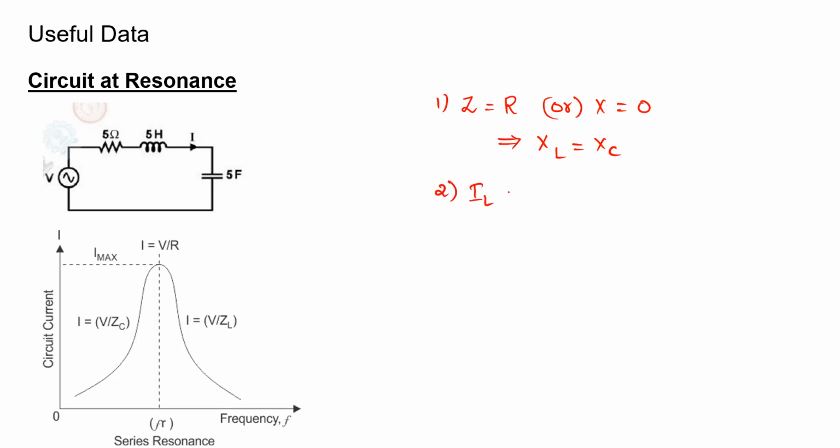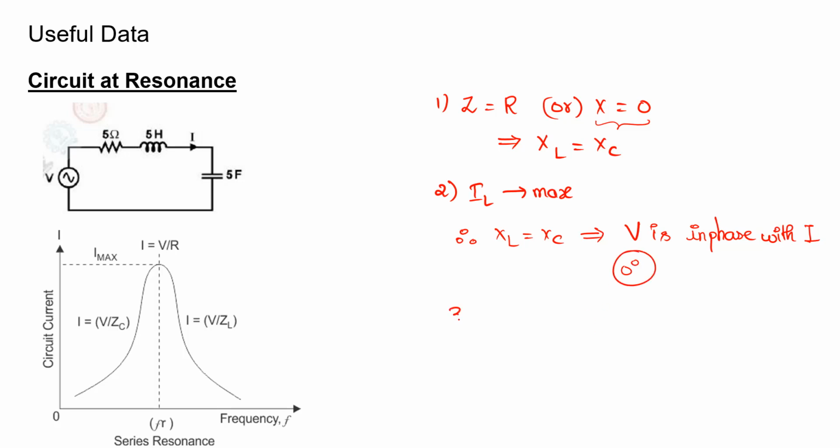The current that flows through this circuit is maximum at resonance. Therefore, since the inductive part counteracts the capacitive part and the reactance is 0, this implies that V is in phase with the current. So, the angle between V and I is 0 degrees.